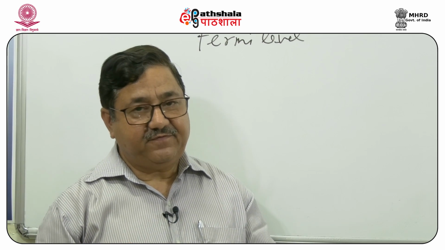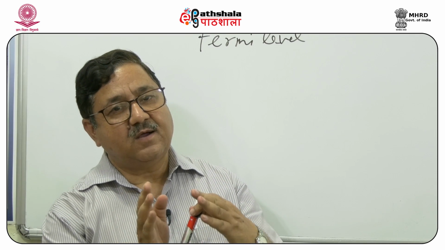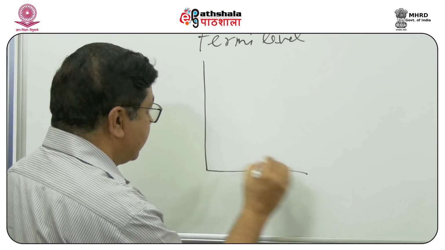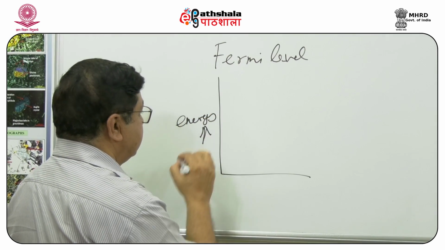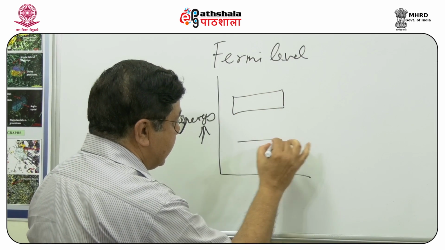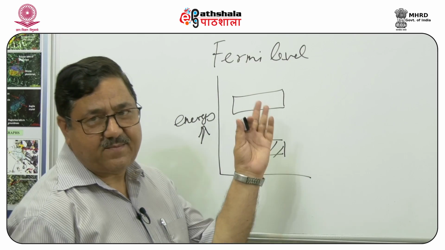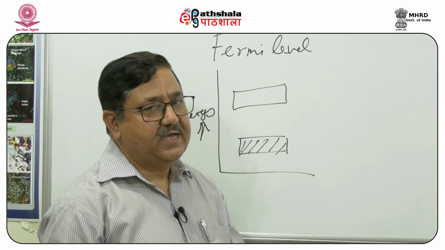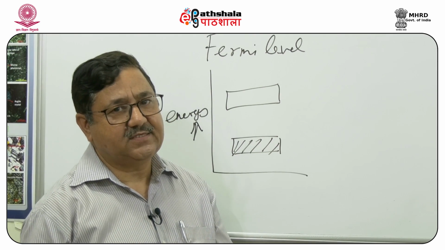That is, if the valence bands and the conduction bands are vastly separated, if we take this axis as the energy axis, and the valence and the conduction bands, one example of valence and conduction band in the same element is magnesium, in which the 3s band is the valence band and the 3p band is the conduction band.